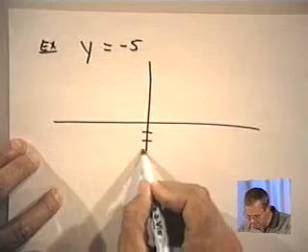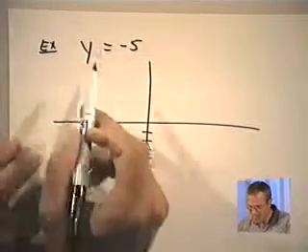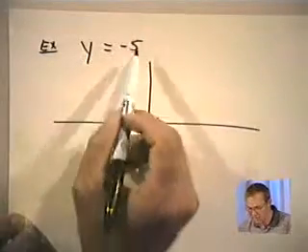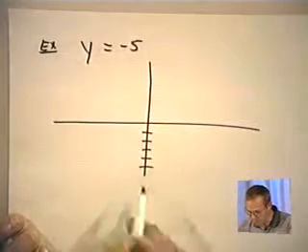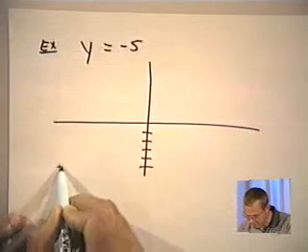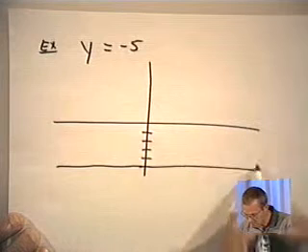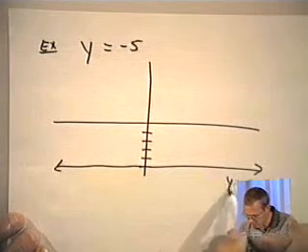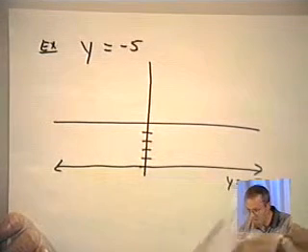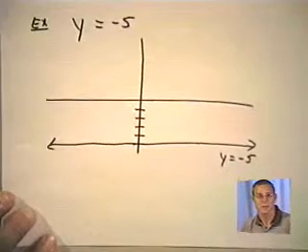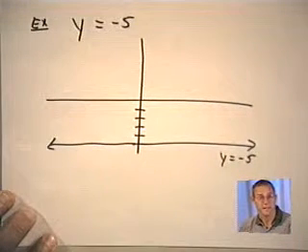This time, this must be a horizontal line in which the y value is always -5. So there is the sketch of the graph y equals -5.